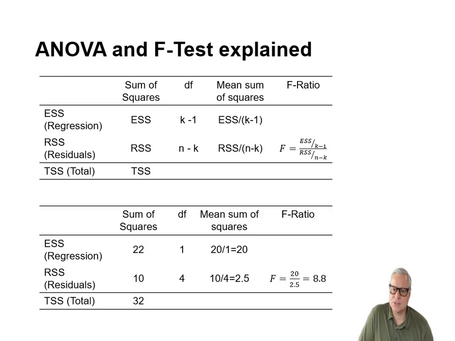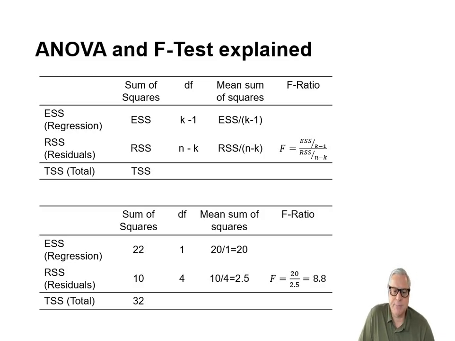Then in the next column, we average out the sum of squares by their respective degrees of freedom. And the final step is that we calculate the F ratio as the ratio of the mean sum of squares for the regression over the mean sum of squares of the residuals.